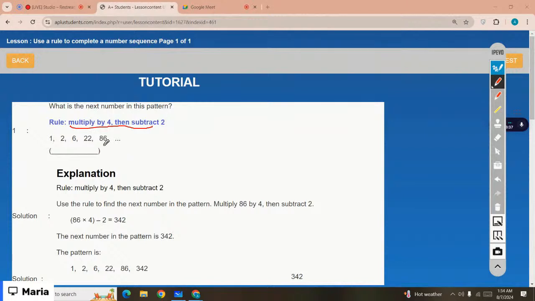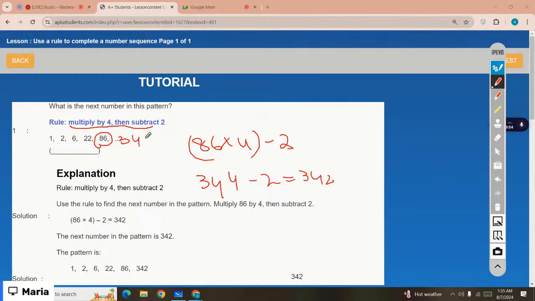So you need to multiply the last given number by 4. You need to do 86 times 4 and then take away 2. So 86 times 4 is 344. Take away 2 is 342. So that means the next number in the sequence is 342. Got it?